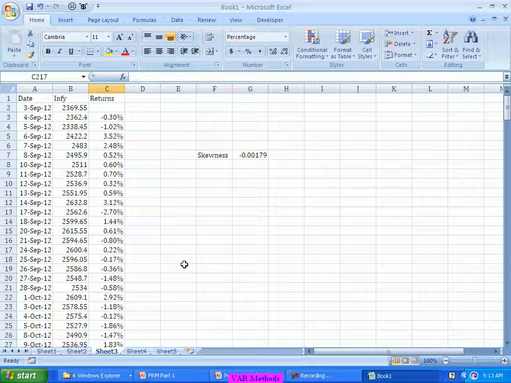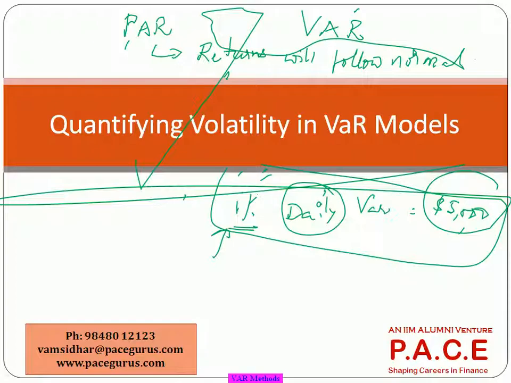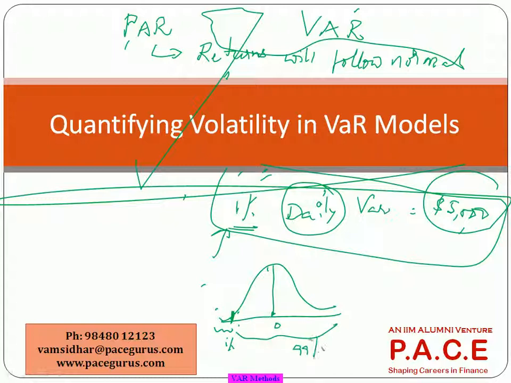If the returns are following a normal distribution, what this mechanism is saying is, you find out the mean. See, normal distribution, how does it look like? This is the kind of a normal distribution, right? We know that this is the mean. Standard deviations wise, if I am taking this particular point wherein this part is 1% and this part is 99%, I can very well identify what is this particular value, which is nothing but those many standard deviations away from the mean, right?